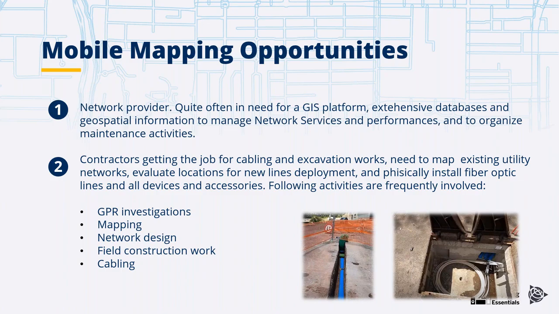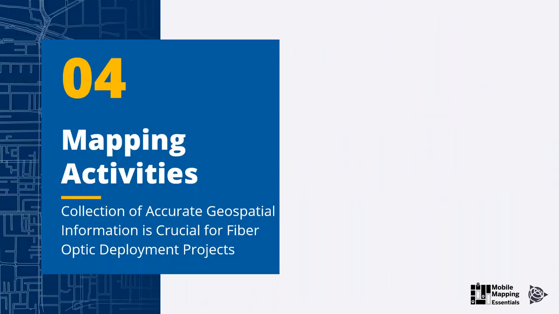So from one side, we have the network provider who is interested in managing and controlling the installation of the utility network itself, possibly making use of this GIS-based platform, databases of users and databases of performances on the network. On the other side, we have who is in charge of doing the job with the machines, going to the field, maybe collecting information and then physically opening trenches, installing the cables, and performing all the required cabling activity.